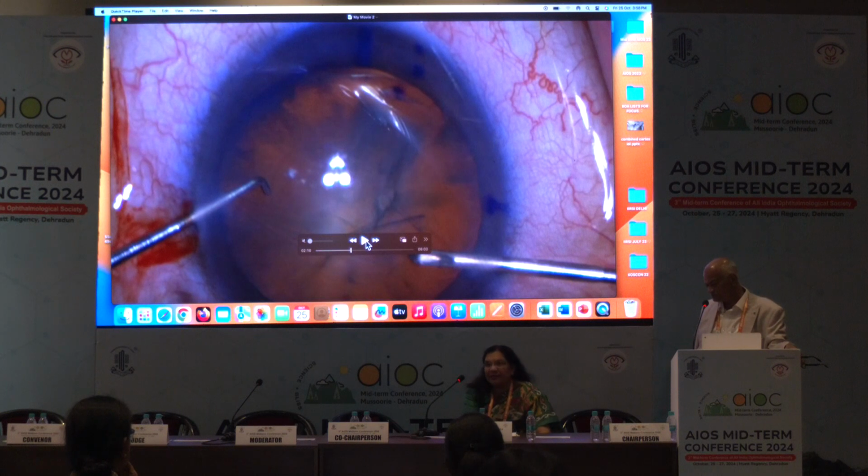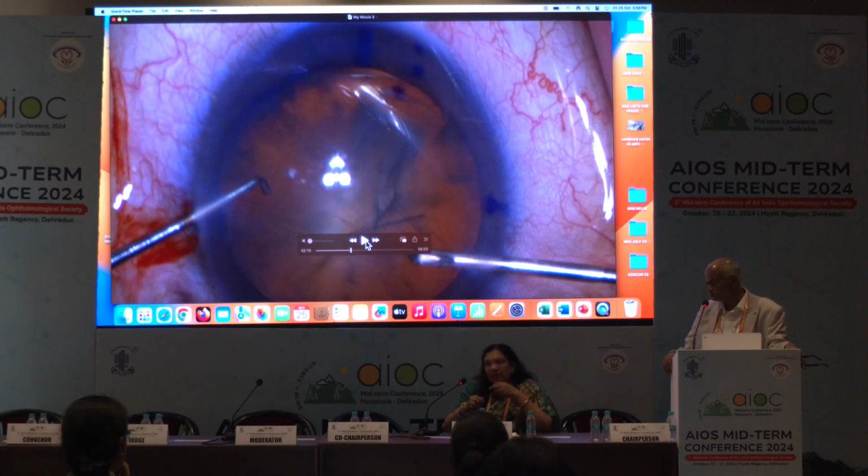Some days back we were operating, sir was operating and I was assisting. You know the wrenches that you get to tighten the phaco tip. We use the disposable cassette, and that plastic wrench, they said it is not very good. You have to use a metal wrench to tighten.